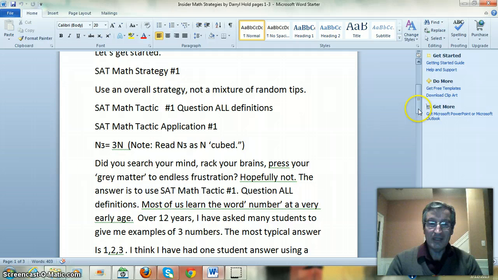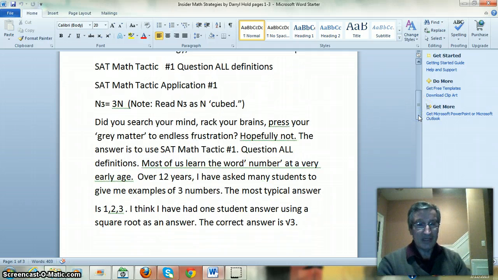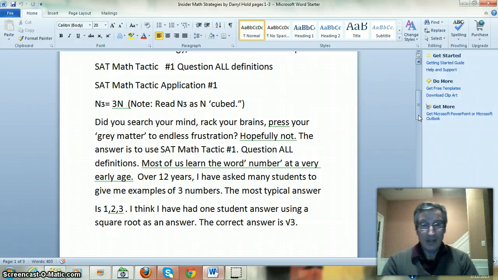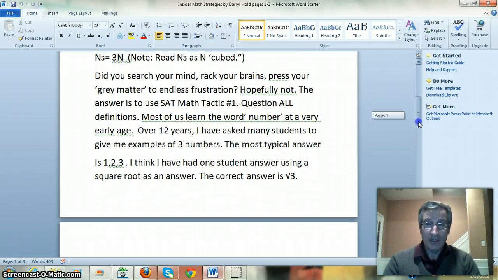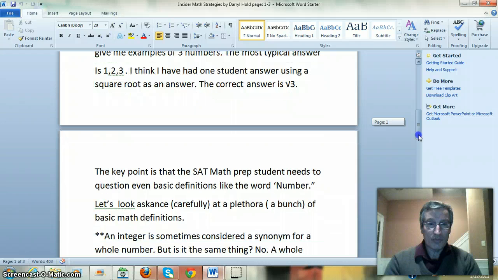We really need to think outside the box. I think I've had one student answer that problem correctly with a square root as an answer. So the correct answer is the square root of 3. And of course 0, but outside of 0, the correct answer is the square root of 3. Because the square root of 3, just like pi, the Greek letter pi, they're all numbers.